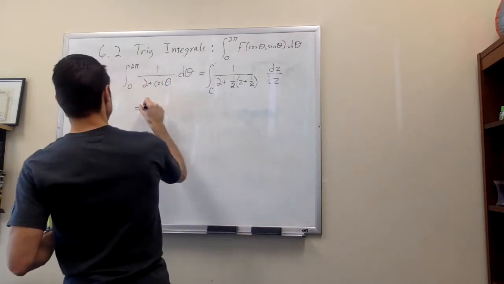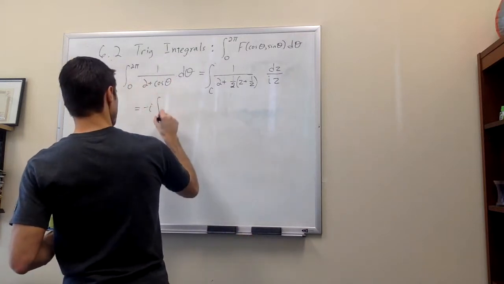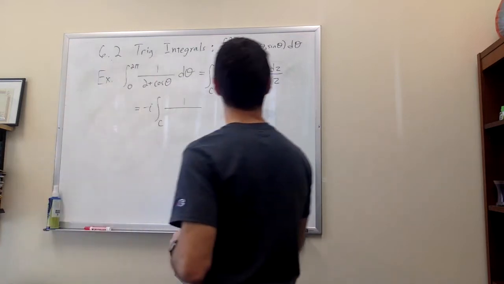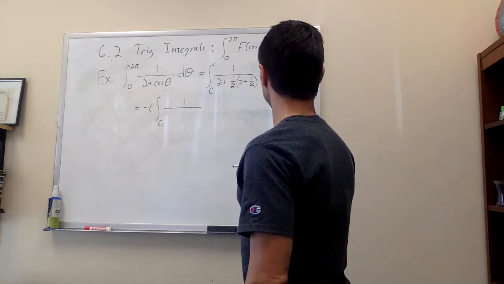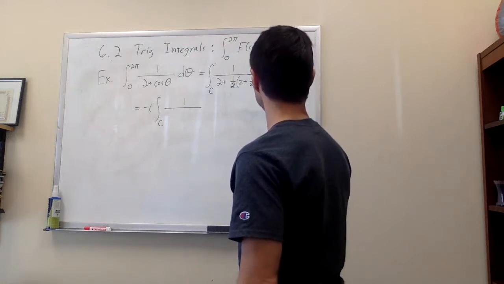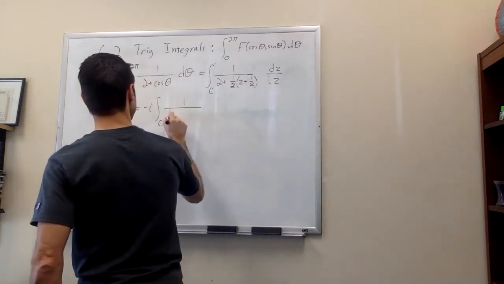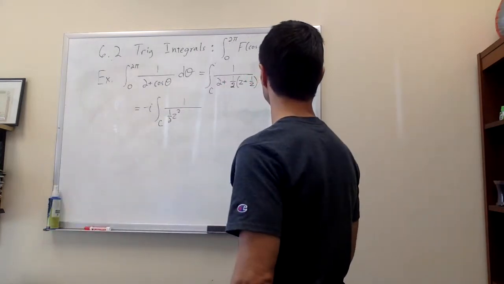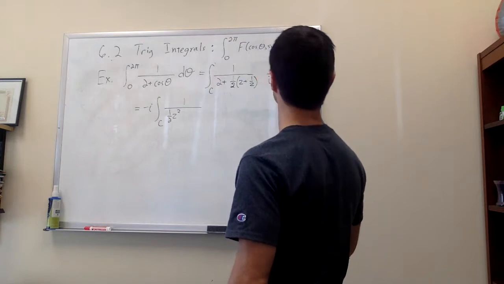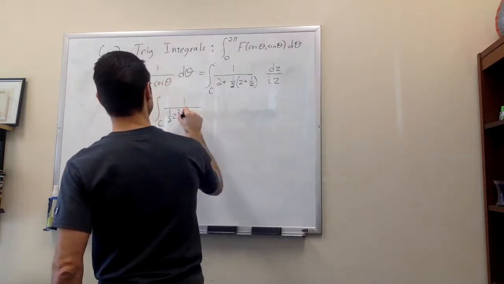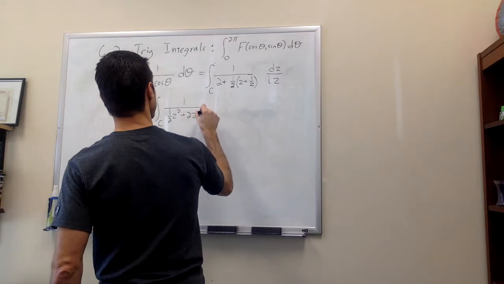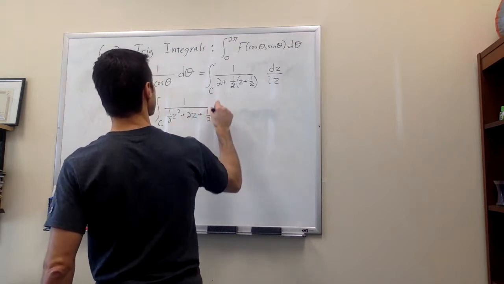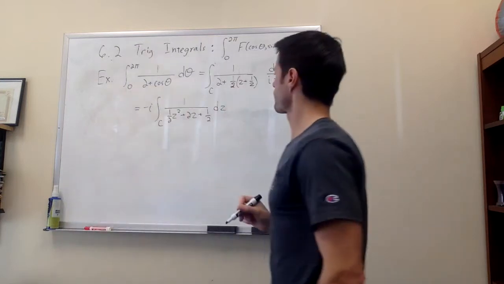That leads to minus i integral over C, 1 over 1/2 z squared plus 2z plus 1/2.